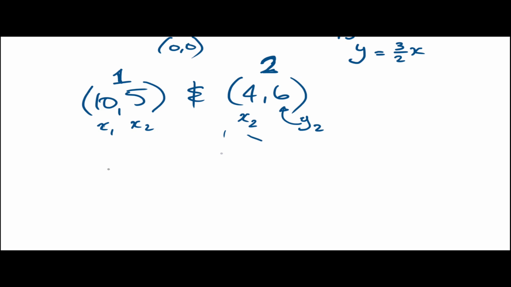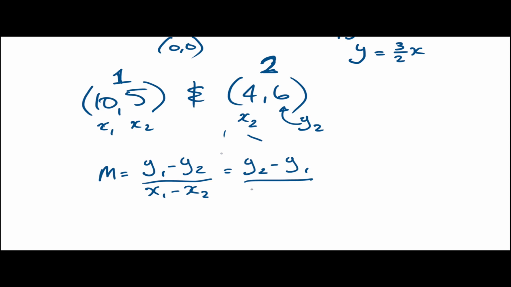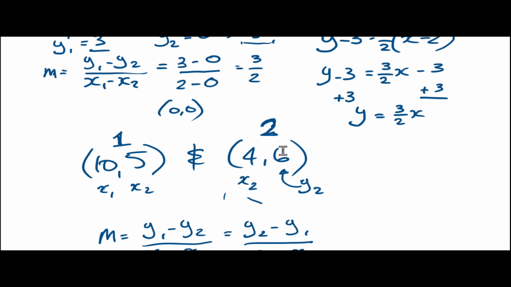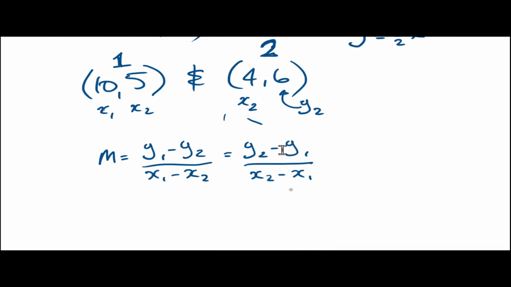Okay, first thing we're going to do is find the gradient. So m equals y1 minus y2 over x1 minus x2. And by the way, it doesn't matter which order you do these in. You could also do it the other way around, as long as you have the 2 over the 2 and the 1 over the 1, we'll be fine.